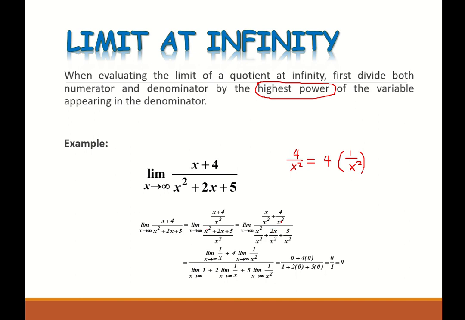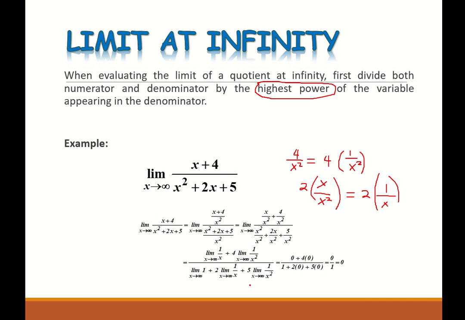You can also write it this way: 2 times x over x squared, which will give us 2 times 1 over x. Then take the limit. So you have 4 times the limit of 1 over x squared.